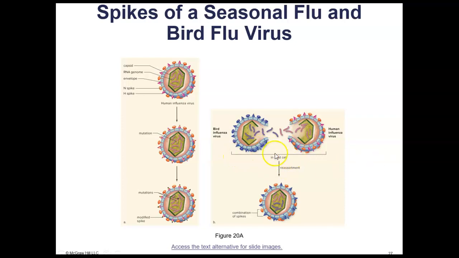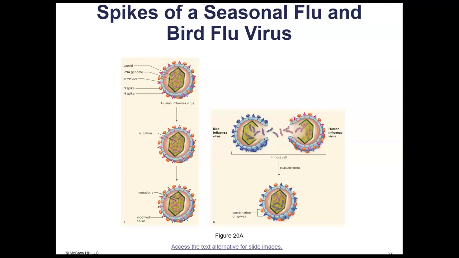This shows you what can happen if the bird influenza virus and a human influenza virus end up in the same host cell. And that can happen a lot of times when people work in close association with birds, like people who work in chicken houses and turkey houses.